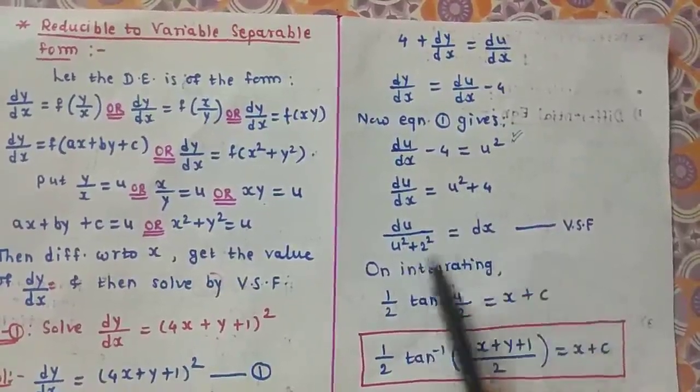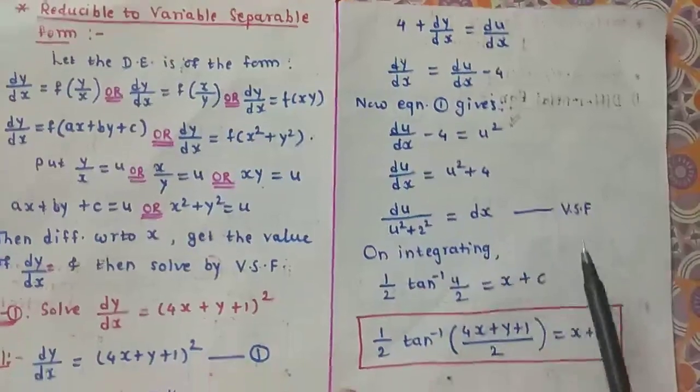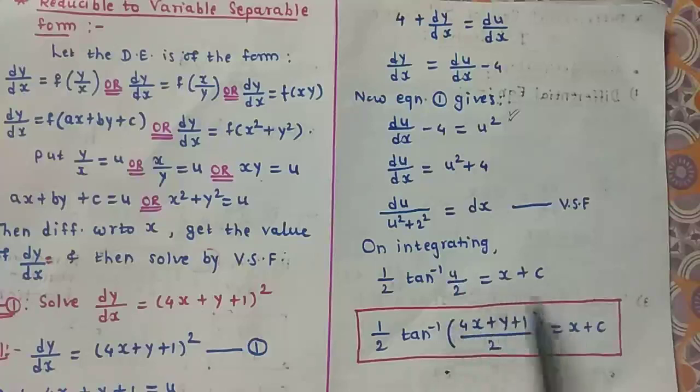Now if you observe, the variables get separated, right? So this is variable separable form, and on integrating we get its solution. Integration of this term is 1 by 2 tan inverse u by 2 equals x plus c, and finally we replace u by 4x plus y plus 1, so that we get the required solution.